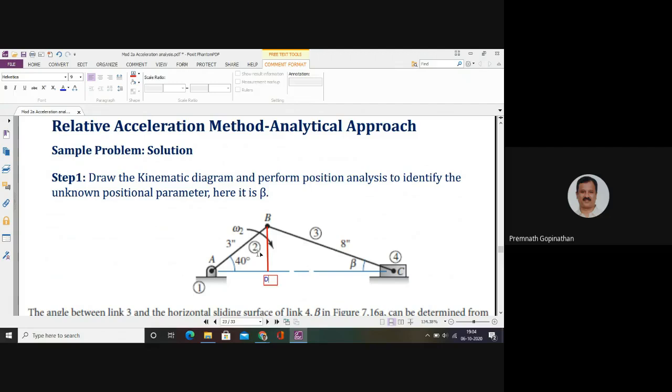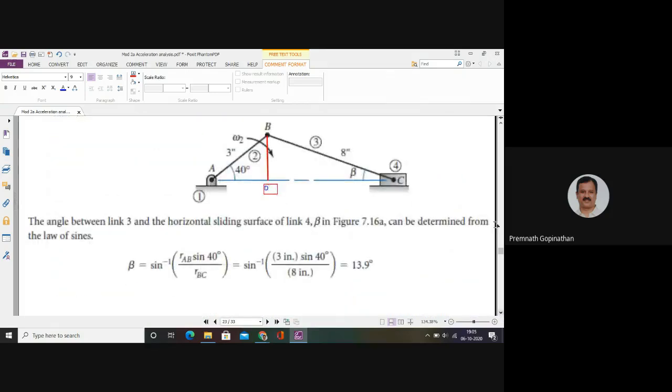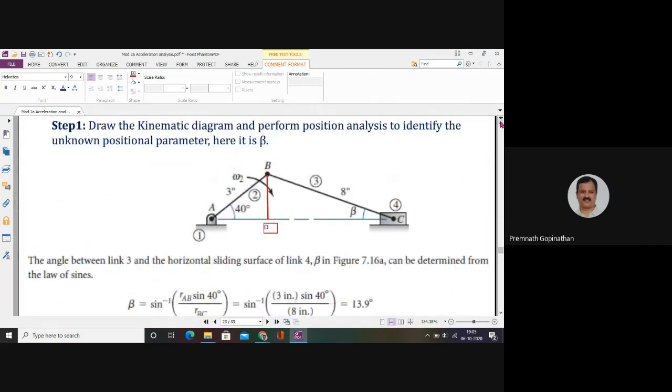AB is known and sine 40 is known, so definitely you can find out BD. Now you relate BD with the other triangle, CBD, so that you have it as BC sine beta. Already BD has been found, so you can find beta from that. Corresponding to beta, you'll get a value of 13.9. So that is all about position analysis.